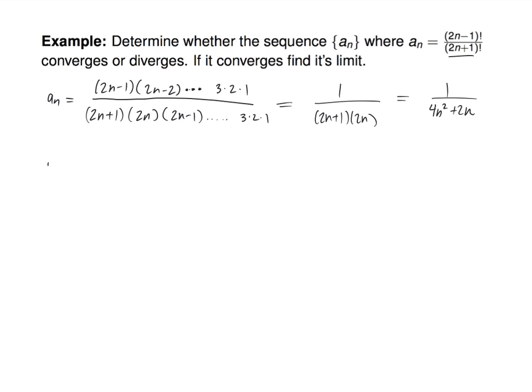And that would converge. The limit as n goes to infinity of a_n is the limit as n goes to infinity of 1 over 4n squared plus 2n, which is equal to 0. So we have that the sequence converges to 0.